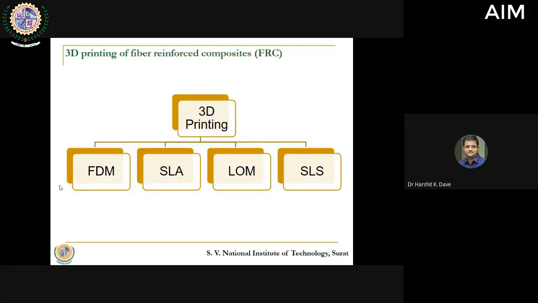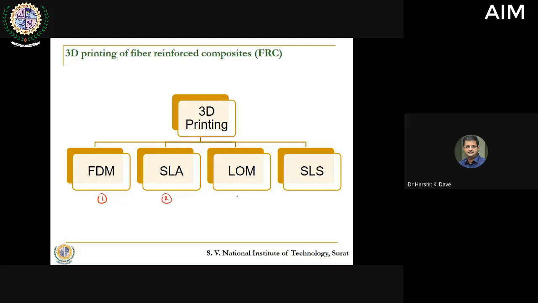Now, when we try to fabricate fiber reinforced composites, the first type that I talked about, there are 4 out of these 8 methods which are being used for their fabrication. The most elementary is the FDM process, where a filament is used. The SLA process, wherein photopolymerization of resin is carried out.